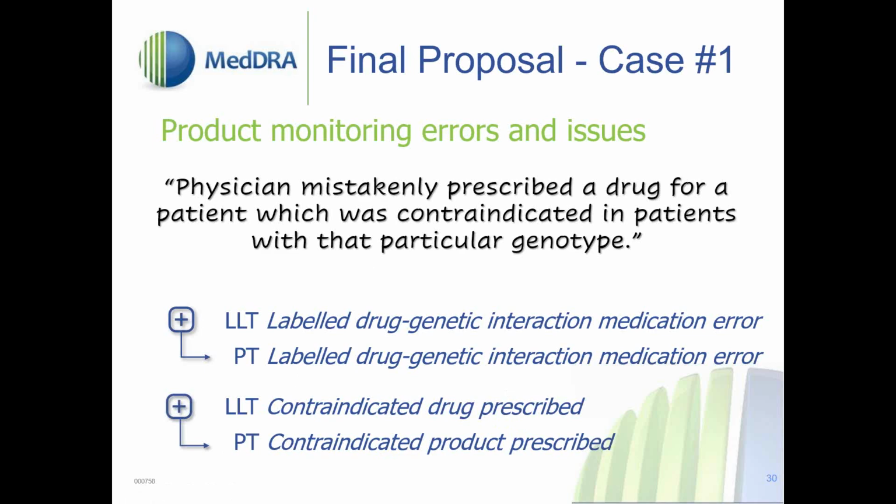Any questions, Jane? No questions so far, Carol-Ann. Okay, so just raise questions, send us your comments to make sure that this is really fully understood and that the rationale for assigning these codes, these LLTs, is fully understood.